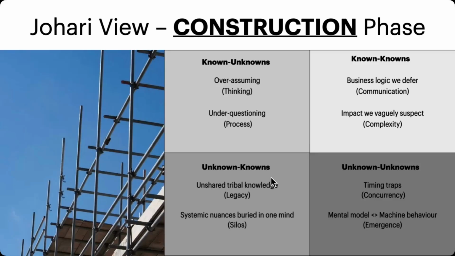The unknown unknowns are the most dangerous ones because neither do I know, neither do other people know, right? For example, it could be we don't understand the fact that our mental models and the behavior are disjoint, and therefore there is a notion of emergence of new issues. So what you see in the bracket is like a bit of a categorization, communication related, complexity related and stuff like that.